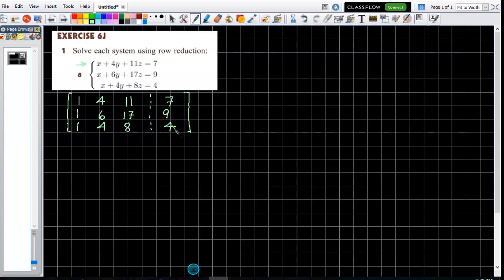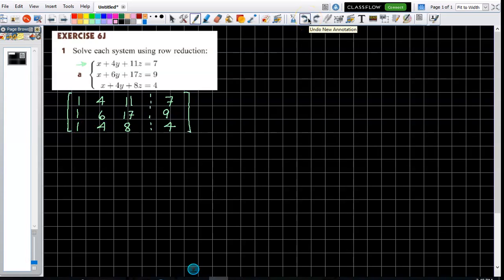And who can remind us of the game plan? What is it that we actually want? Right, we want to make this one be a 0. We want to make this one be a 0. And either one of these, but hopefully it'll be that one first. Okay? So, away we go.